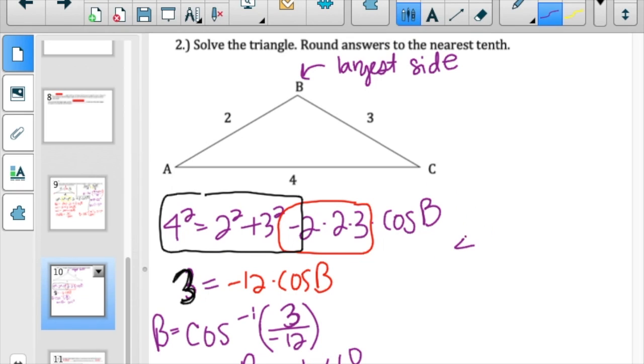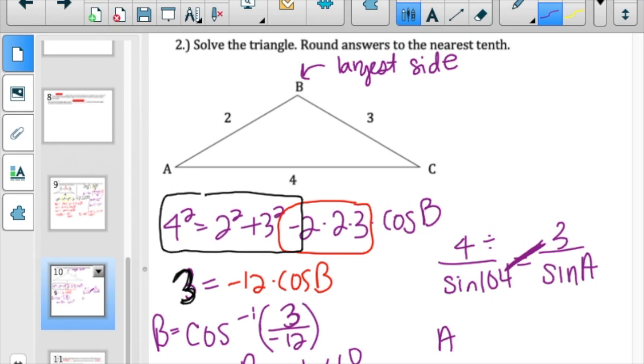I could say 4 over the sine of 104 equals 3 over the sine of A. Right? So I'd have my cross products here, and then I'd have to divide by the 4. So angle A is going to equal the sine inverse of 3 times the sine of 104 divided by 4.